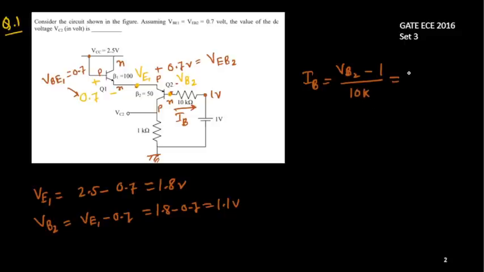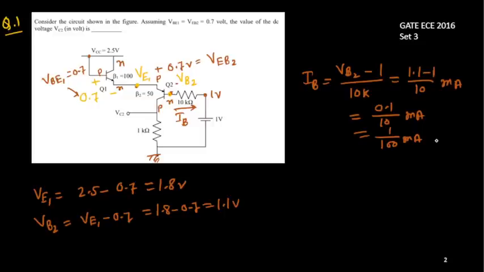That gives 0.1 by 10 milliampere, because it's in the kilo ohm range, that means 1 by 100 milliampere. So this much you have got.